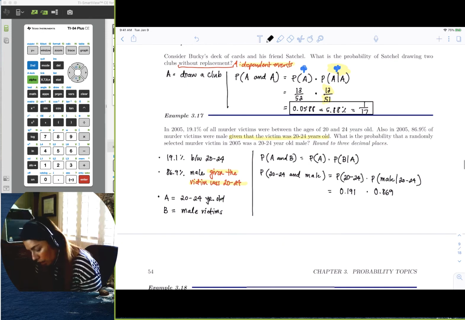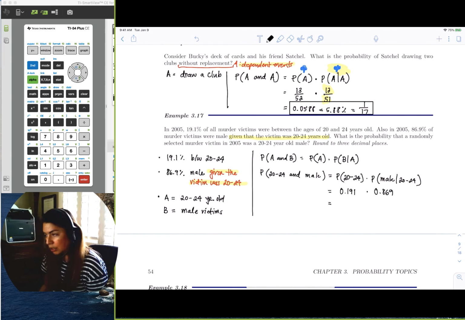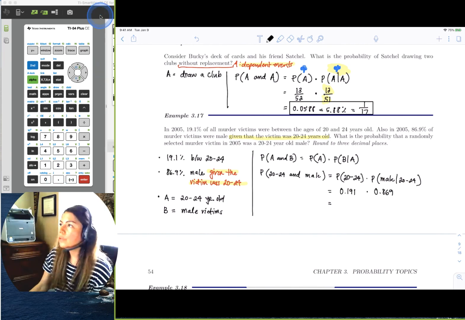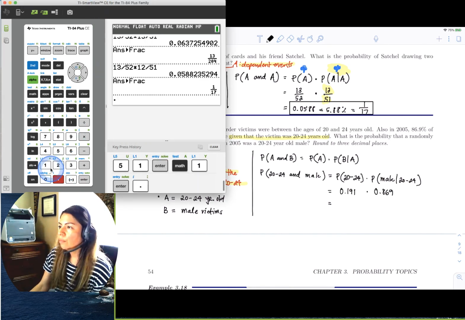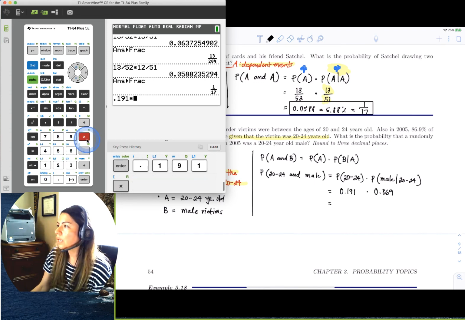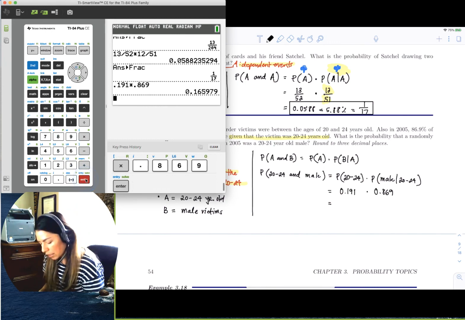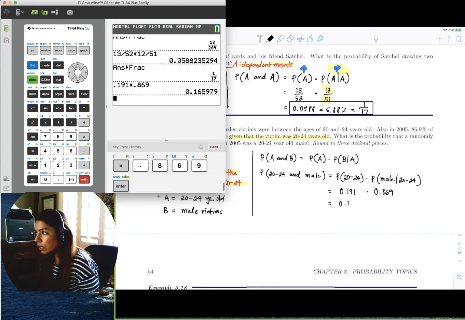Okay, if I just take these two and multiply them, I can do that in the calculator: 0.191 times 0.869, we get 0.165979.